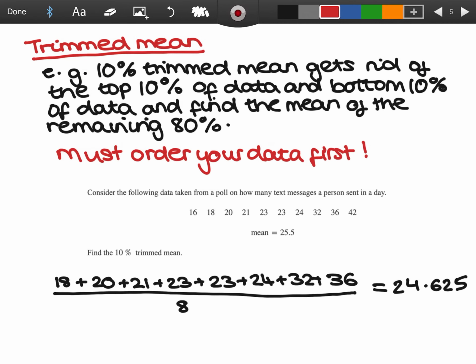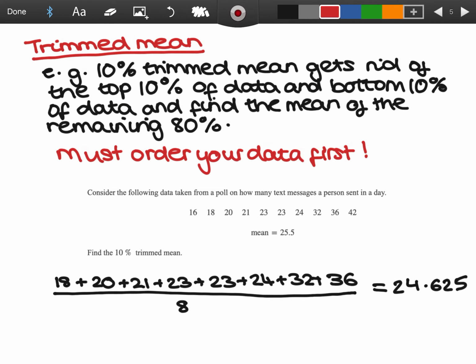If you don't order it, then taking away the top 10% and the bottom 10% doesn't mean anything, because you would actually be getting rid of some data points that are in the middle of your data, that you're actually worried about. So make sure you actually order your data first, because then when you get rid of the top 10% and bottom 10%, you will be getting rid of the outliers that you don't want. Otherwise it doesn't mean much.